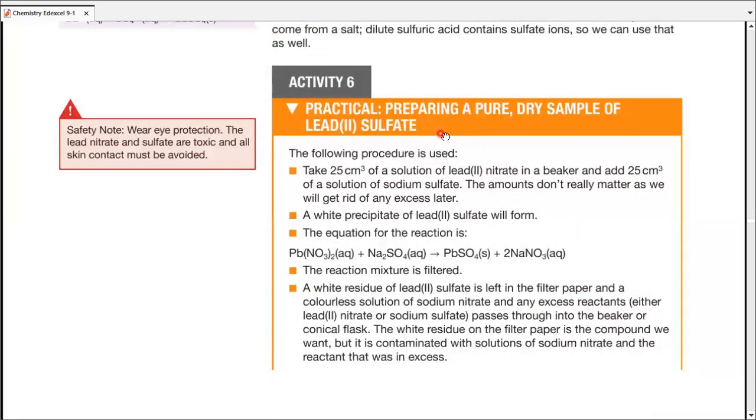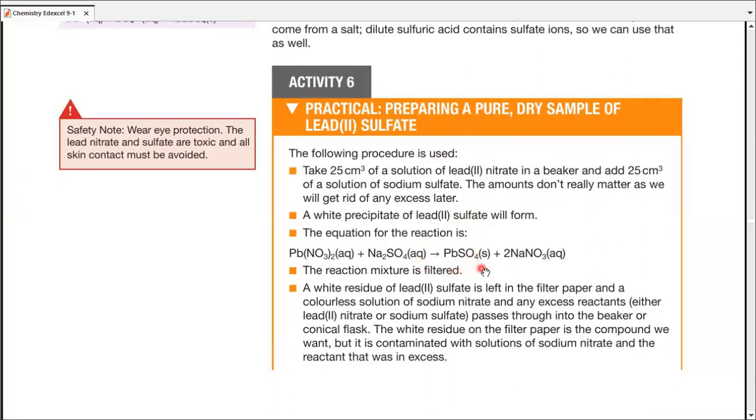So preparing a pure dry sample of lead(II) sulfate, we take 25 cubic centimeters of lead(II) nitrate solution in a beaker, and we take a similar amount of sodium sulfate. Amounts don't really matter because if anything is in excess or limiting, we're going to get rid of it later. So a white precipitate of lead(II) sulfate is going to form.